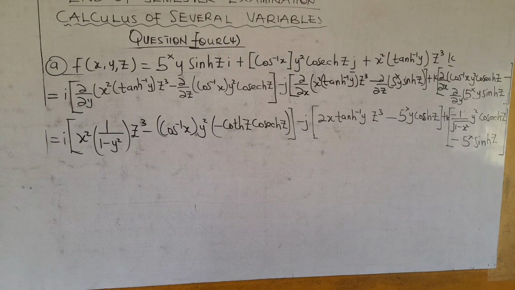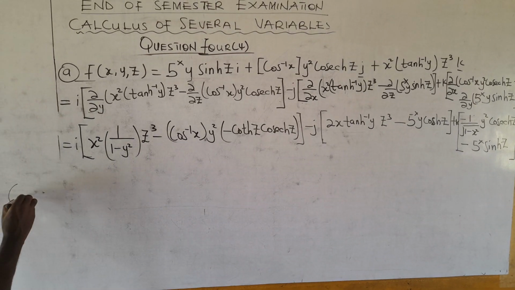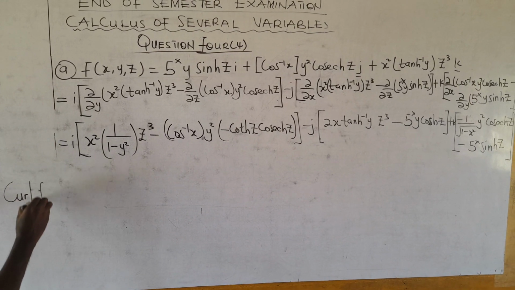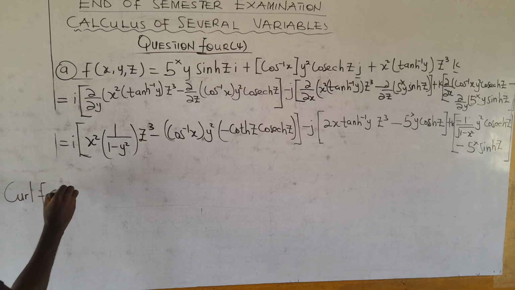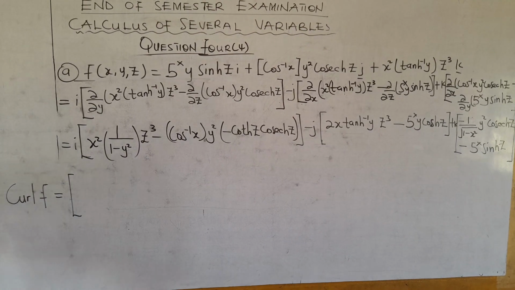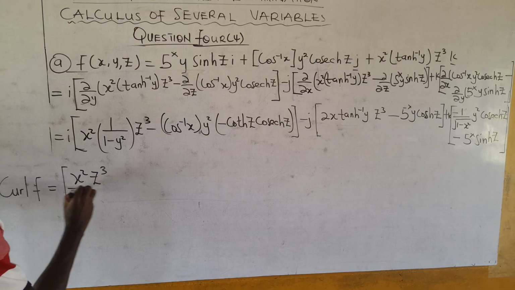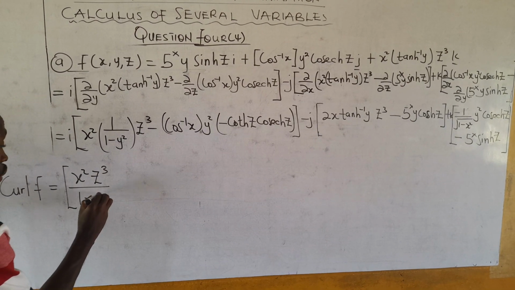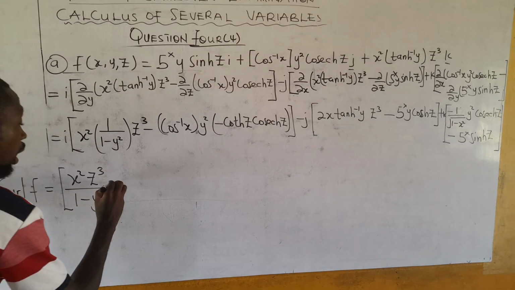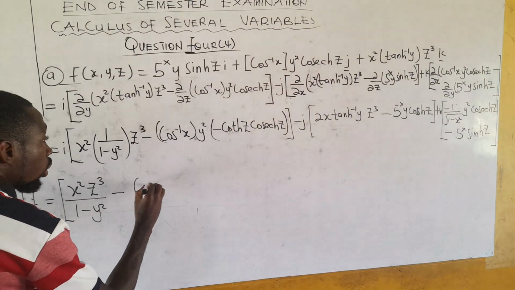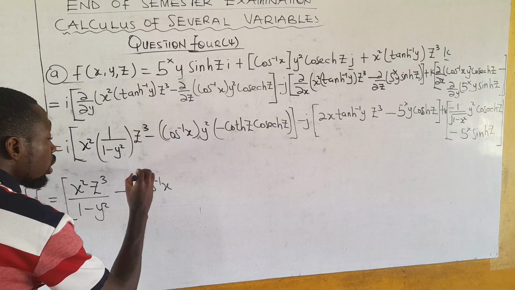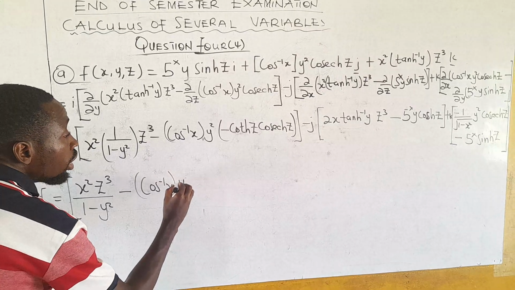So when we polish this further, we can say that the curl of f will be equal to, now we have x squared z cube all over 1 minus y squared, then minus cos inverse of x, then y.